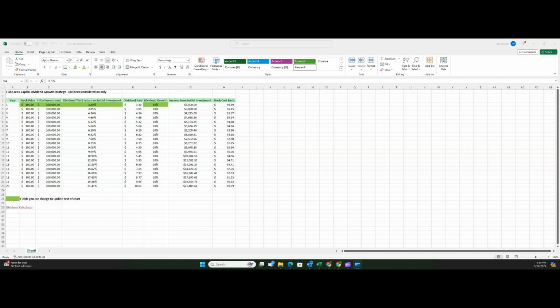The emphasis here, though, is not that they're just paying a dividend, but also that we've got these good companies growing their dividend. You can see in the spreadsheet that I've created, it's very simple, but just to emphasize the importance of these dividends and how it contributes to our overall return.